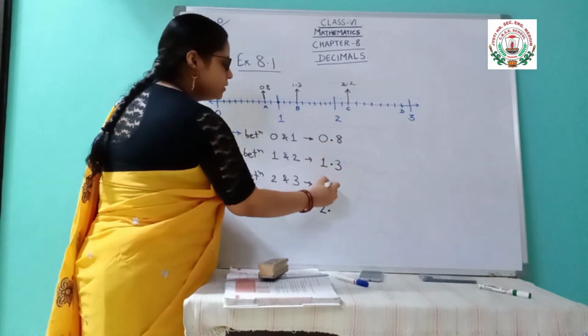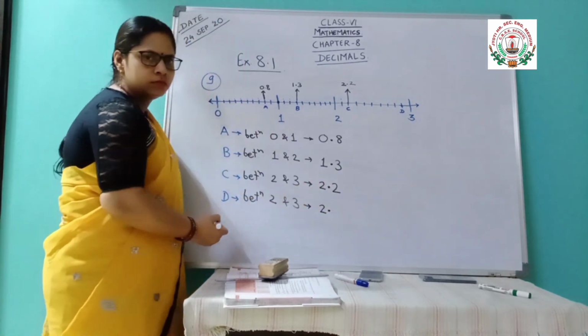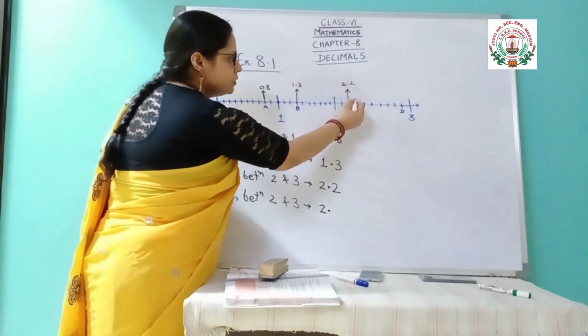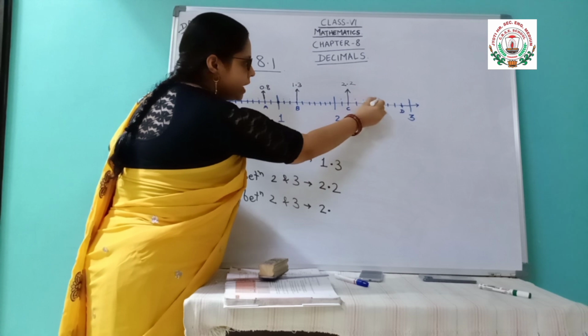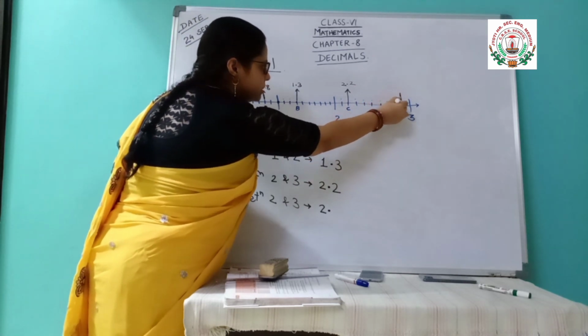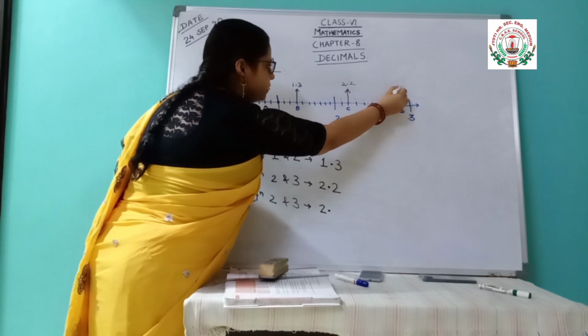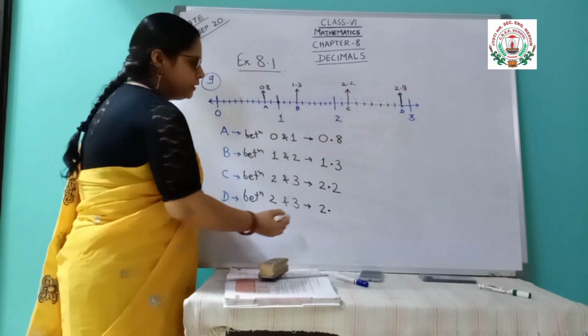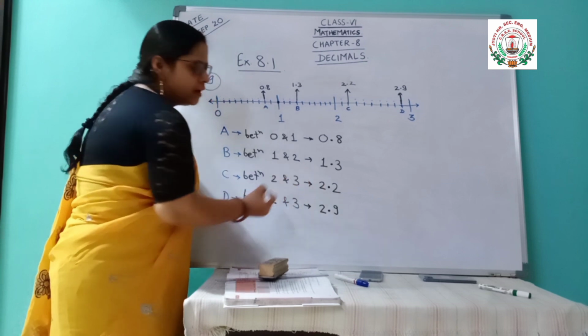So C is 2.2. Now for D, it is 2, then this is 3, 4, 5, 6, 7, 8 and 9. So this is your ninth point. After 2, the ninth point, so it is 2.9.